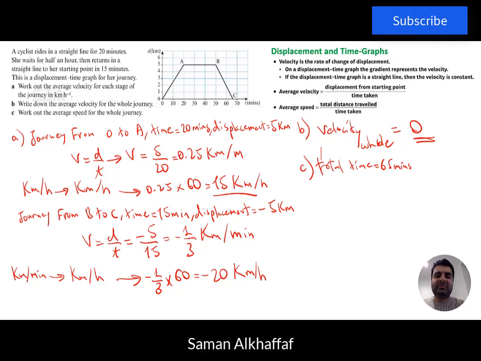It will be the distance, not the displacement, so we say that the distance will be 5 plus 5, which gives us 10 kilometers in terms of the total distance traveled.